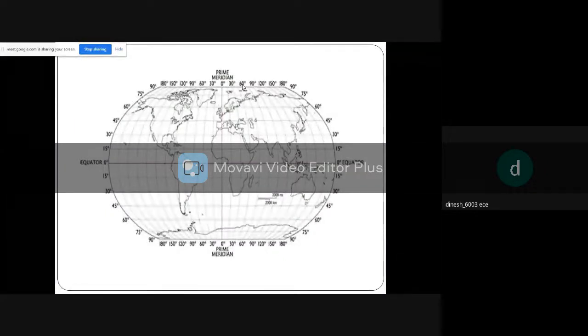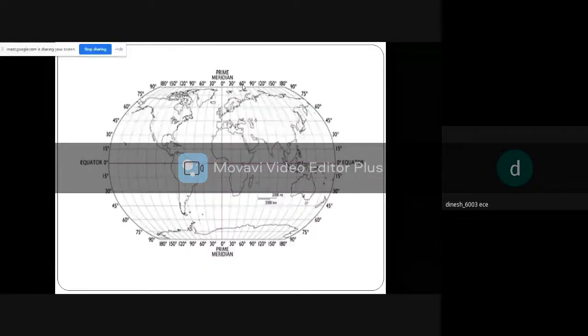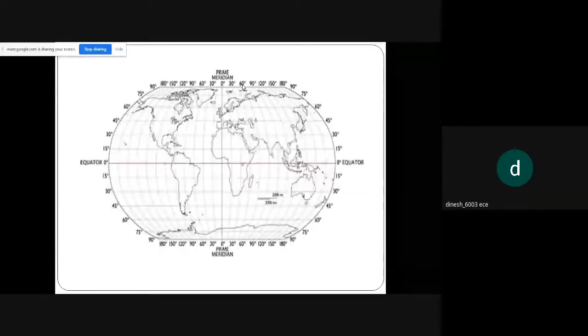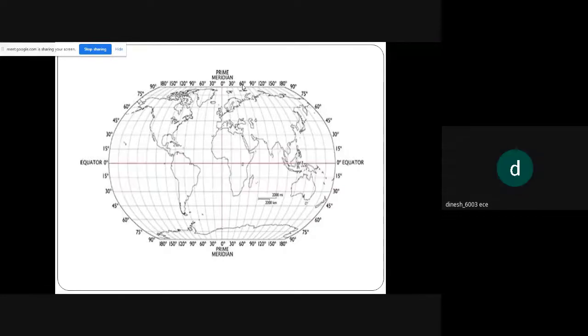So on this globe, you can see at the center we have an equator running from west to east, which is passing through the continent Africa and South America.